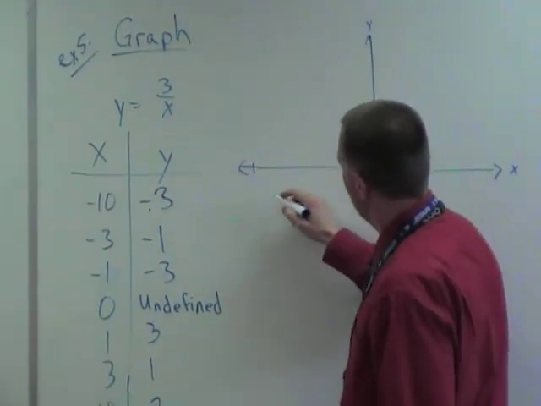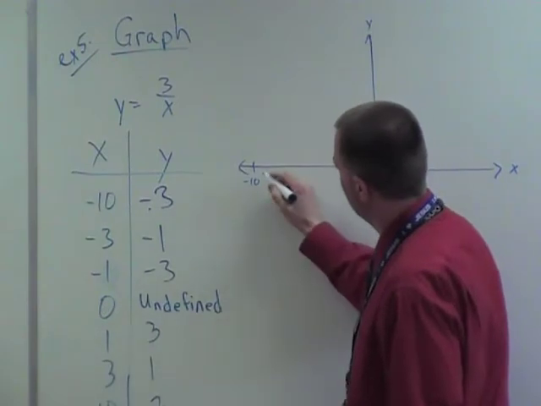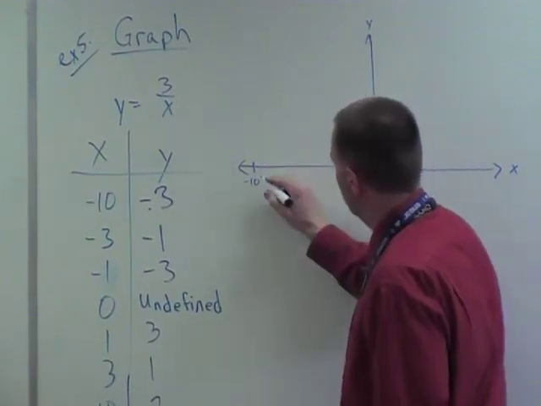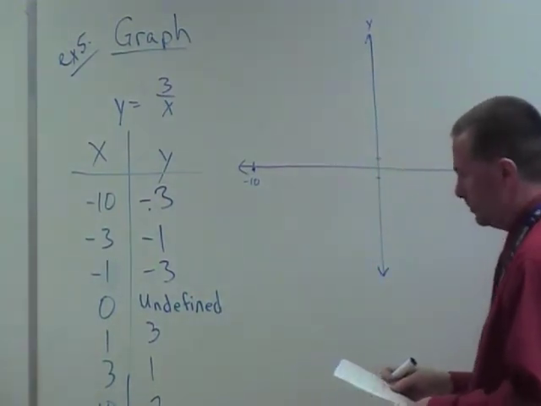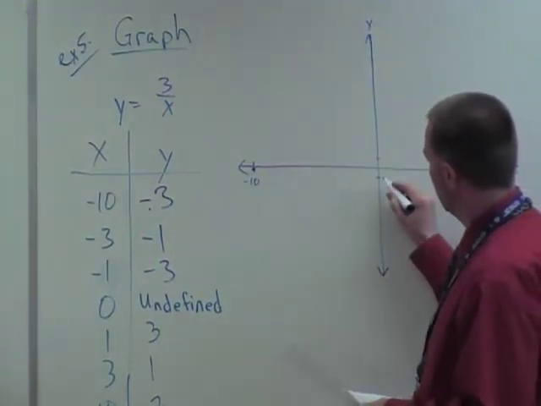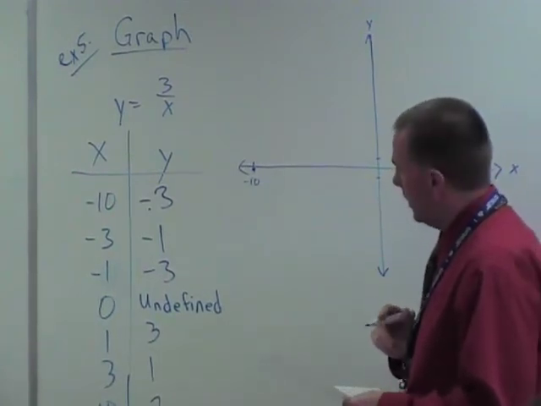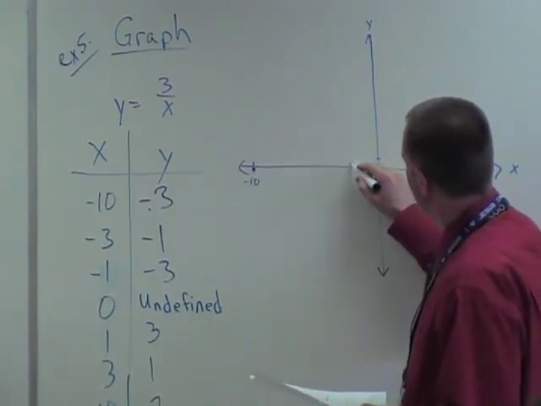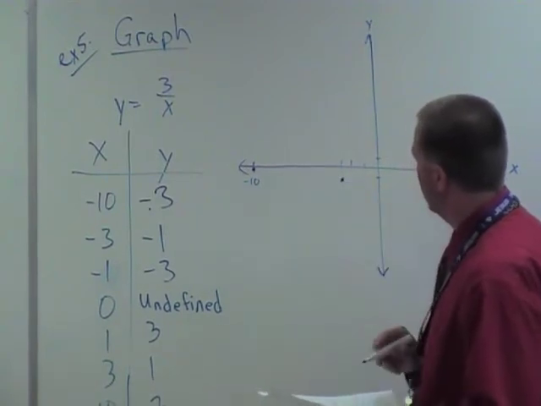At -10, we have -0.3, which is very, very small. That's -1, -0.3 is about right there. Then we go to -3, we have -1, so it's gone down a little bit.